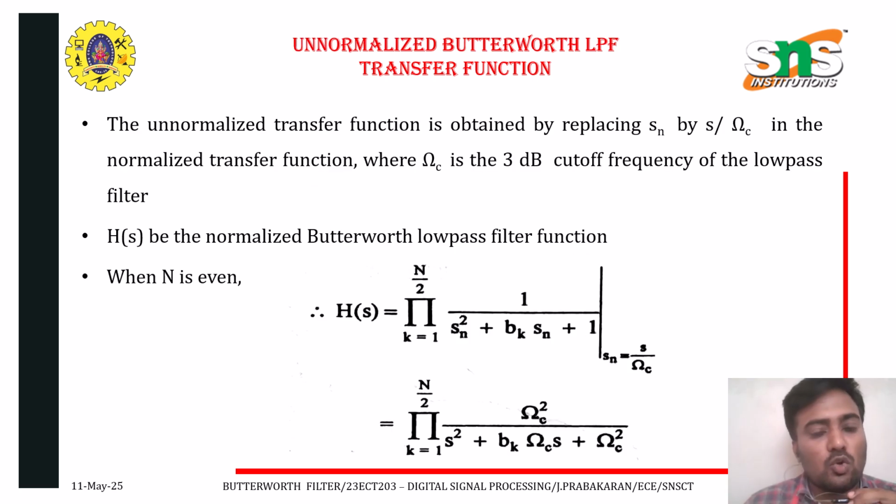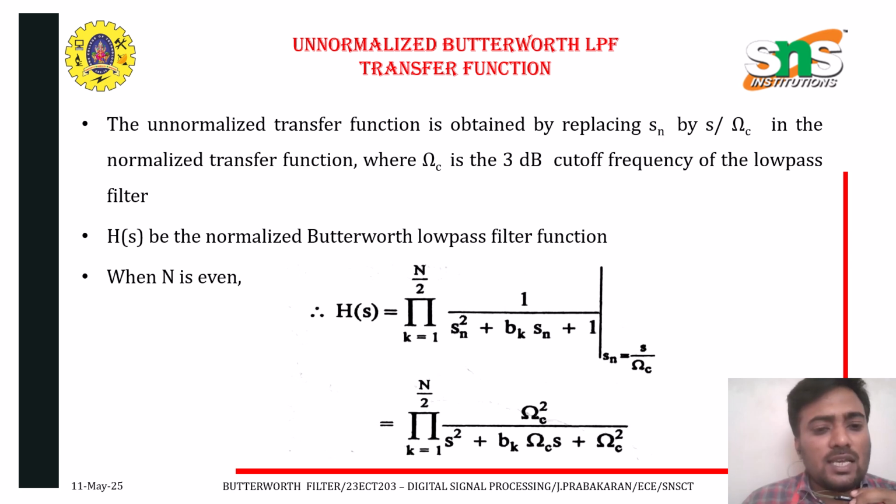Unnormalized Butterworth low pass filter transfer function: normalization is undone by replacing Sn by S divided by omega c, where omega c is the 3 decibel cutoff frequency. This gives the actual unnormalized filter.